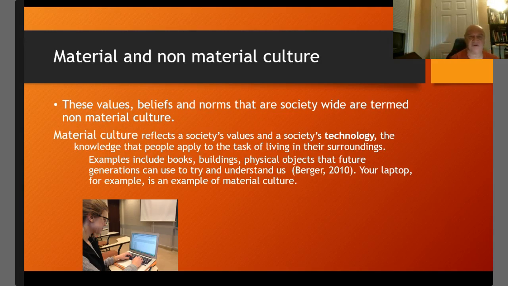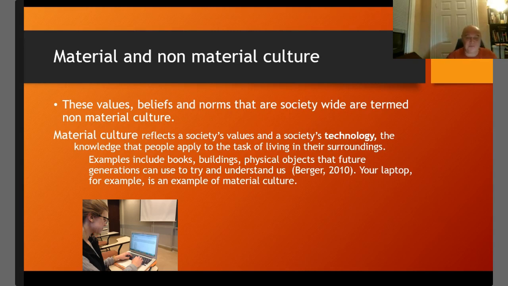There's also an aspect of culture we need to consider. Values, beliefs, and norms that are society-wide are termed non-material culture. In other words, they're ideas. Material culture, however, reflects a society's values in technology made physical. Now, technology is whatever people apply to manipulate their physical environment in terms of living in their surroundings.